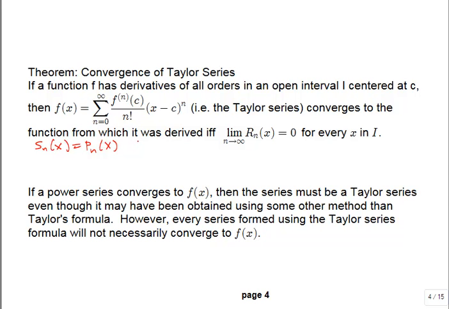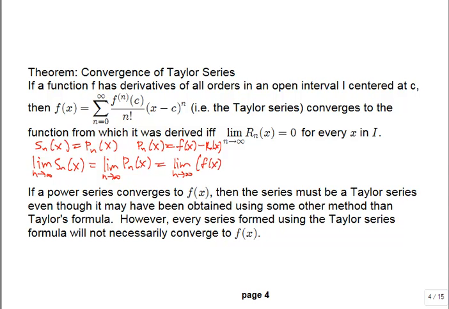And since we know that this nth degree polynomial, p sub n of x, is equal to our function minus the remainder, then the limit as n goes to infinity of this nth partial sum is equal to the limit as n goes to infinity of our nth Taylor polynomial, which is equal to the limit of our function minus the remainder.